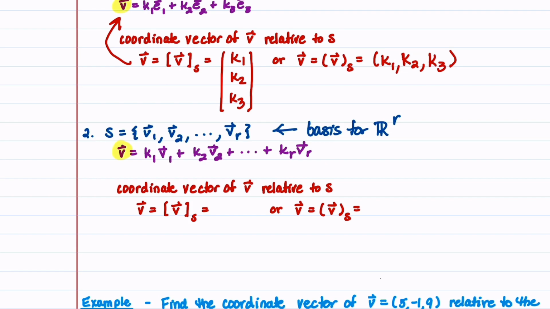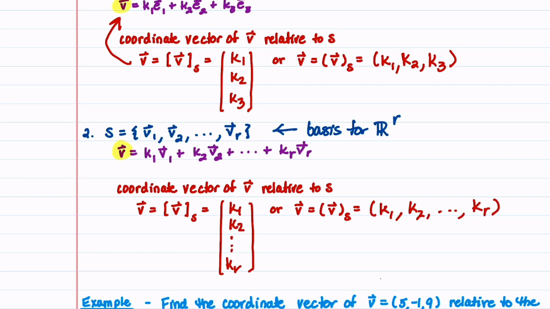The way we would write the coordinate vector for v looks like this. We would write it k1, k2, all the way up through kr if we're writing it in column vector form, or we could write it in comma delimited form like this. k1, k2, all the way up through kr.